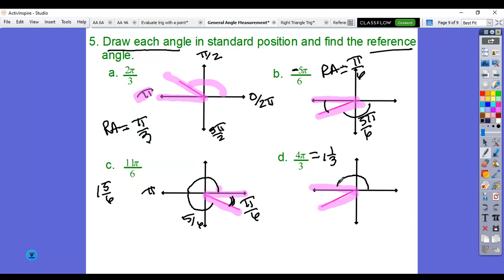Remember, from here to here is 1 pi. How much past 1 pi did I go? 1/3, pi over 3. So my reference angle is just this little corner here. How much I went past a pi, pi over 3. And that's the end of the lesson.